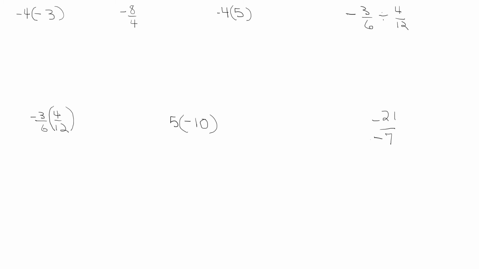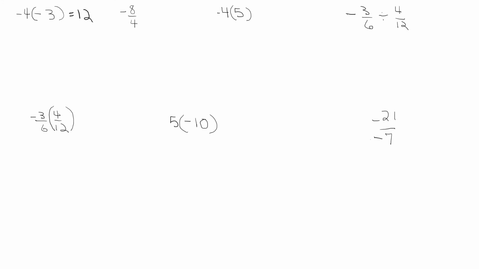So let's do some problems. We have negative 4 times negative 3. Now, what did I just tell you? You're going to get a positive answer, which is 12. But look at this.